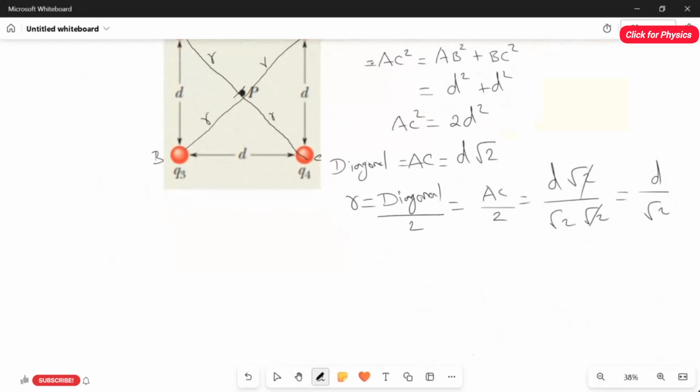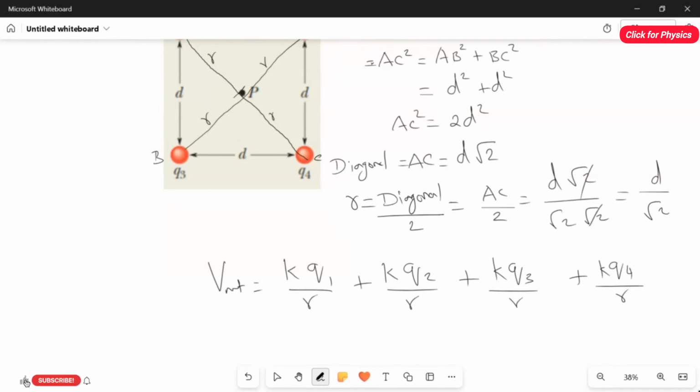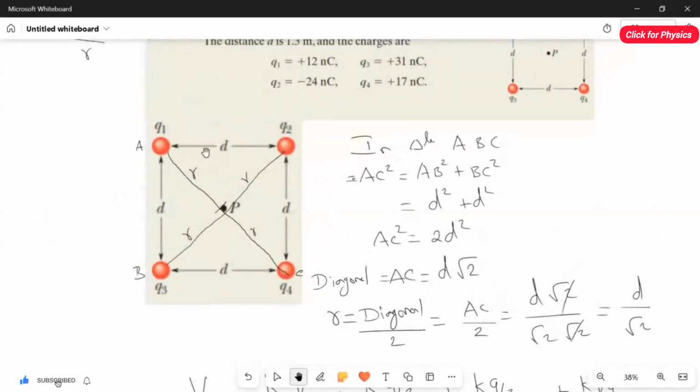So therefore the net potential equals K Q1 over R plus K Q2 over R plus K Q3 over R plus K Q4 over R. Now we have to see the value of the charges. Here Q1, Q3 and Q4 are positive, but Q2 is negative.